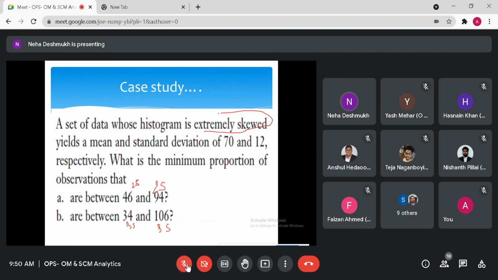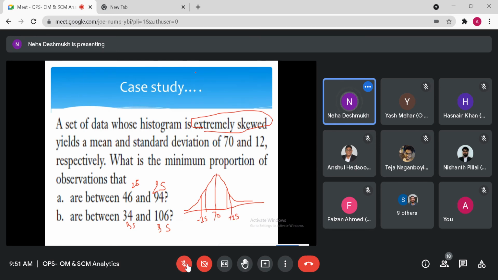Data is skewed means not bell shaped. So we can draw the diagram something like this. This is the mean. This is one standard deviation. For 1s there is no interpretation, so we can directly calculate it for 2s. This is minus 2s and this is plus 2s.